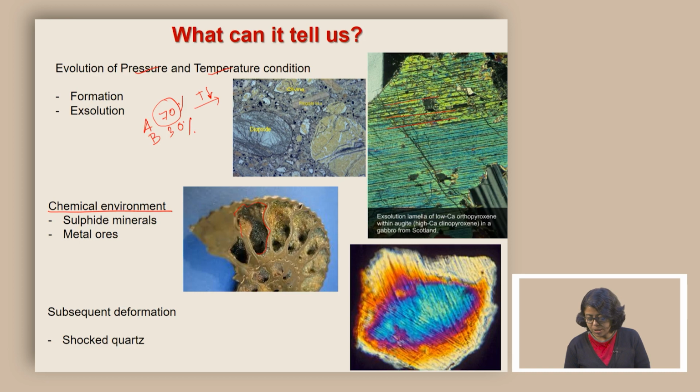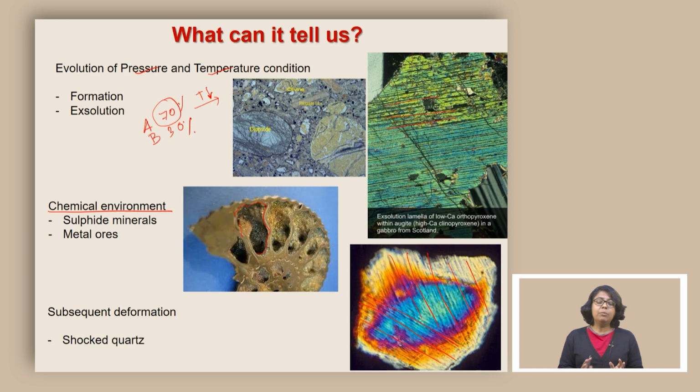The reason you are seeing all these bright colors and also some of these planes which look like weak planes are created because of this large shock wave, because of an impact. Now, these are things which give you telltale signatures of changes that happened later.